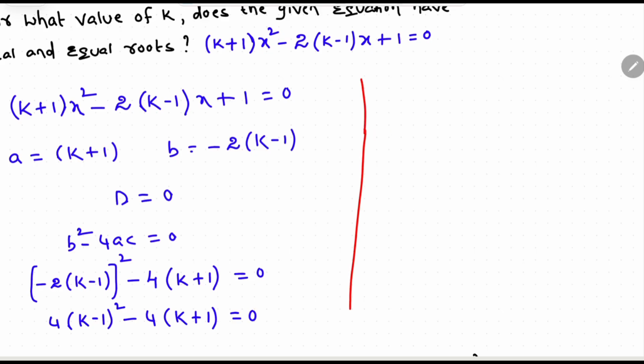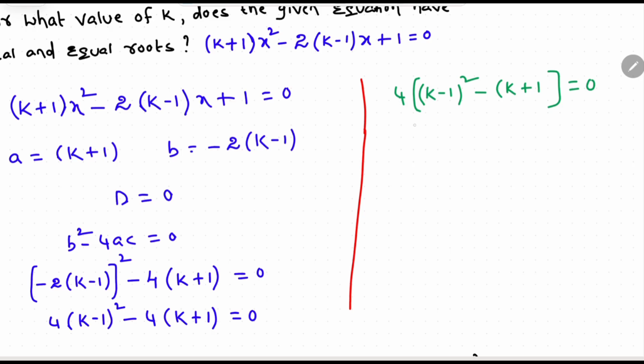So when you take 4 common from here, the remaining will be k minus 1 whole power 2 minus of k plus 1 equals 0.